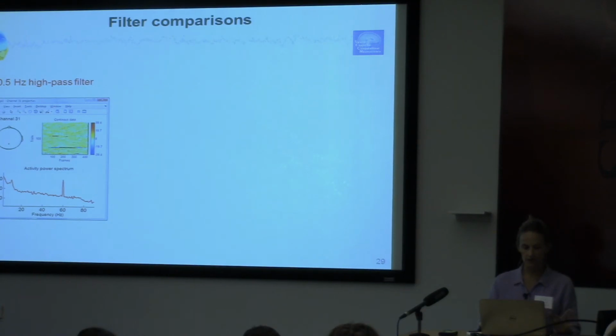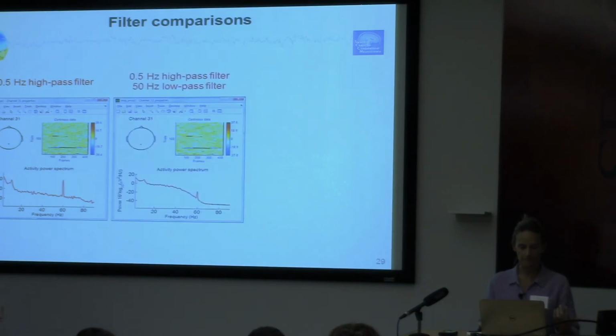So here's a power spectrum for the channel right in the back of the head around PZ. And this is just with a high pass filter at 0.5 hertz. You can see there's a huge 60 hertz peak. If you do a low pass filter, of course, it just starts angling down the power around 50 hertz. You still have a 60 hertz peak, but now it's just lower than the rest of the data at the low frequencies.